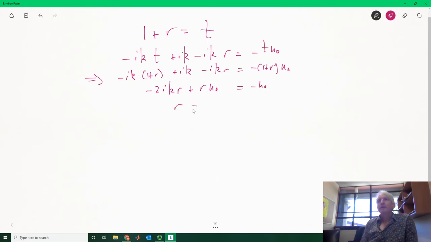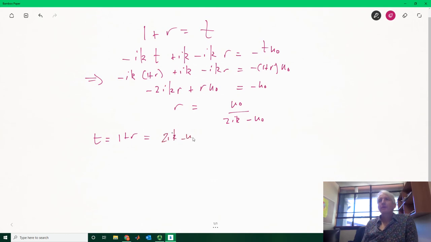So R is equal to U0 over 2IK minus U0. Correct.